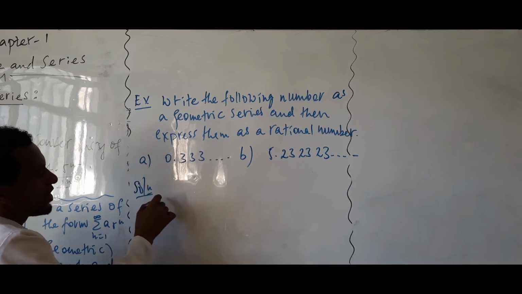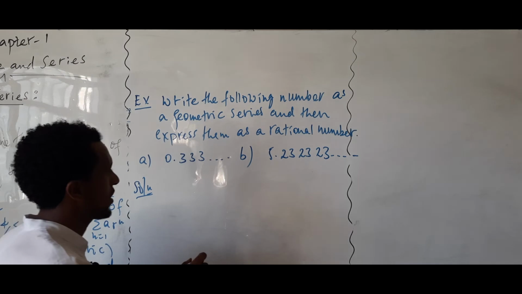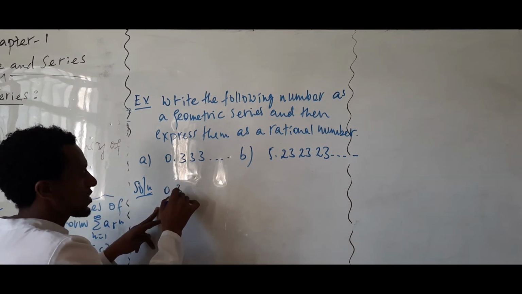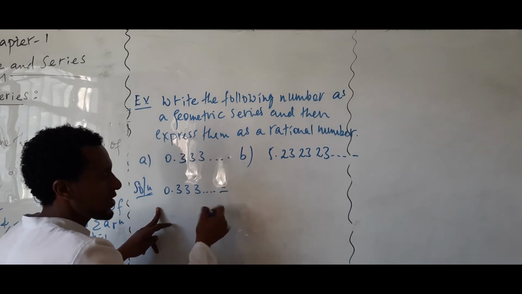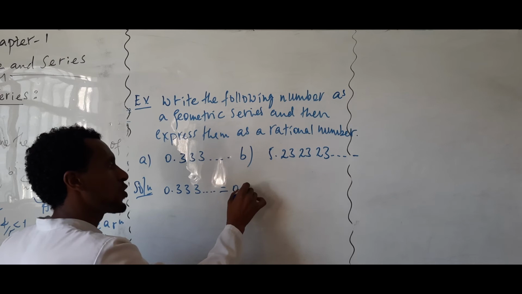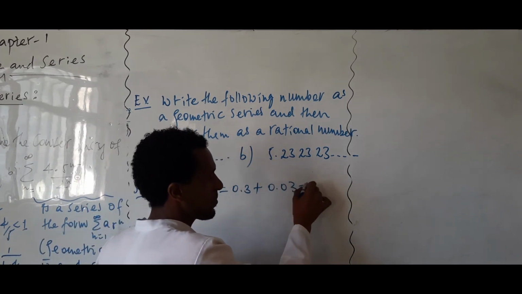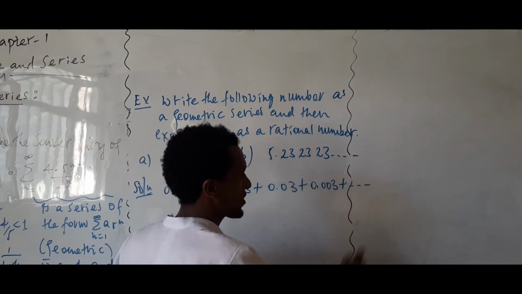Now 0.333 can be written as 0.3 plus 0.03 plus 0.003 plus and so on.